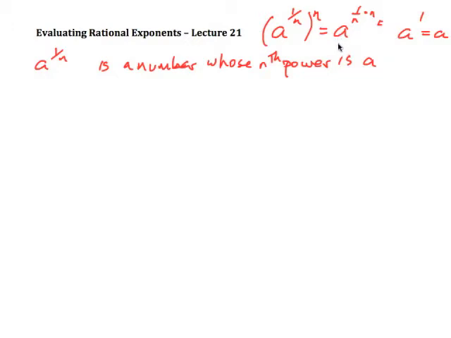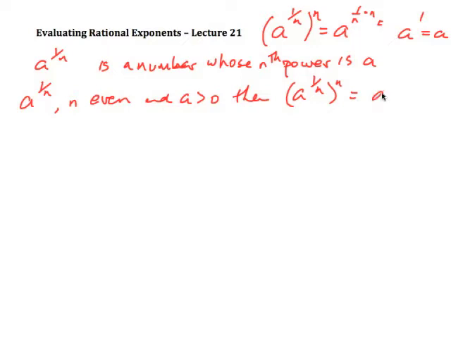what if we have squared powers or even powers and we have odd powers? Now we have to treat those a little bit differently. So if n is an even integer, and a is greater than 0, then clearly a to the 1 on n to the n is going to be equal to a, because this would be the principal square root, because we find the nth root of a positive number, which is okay when n is even.